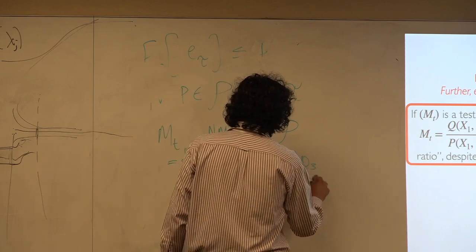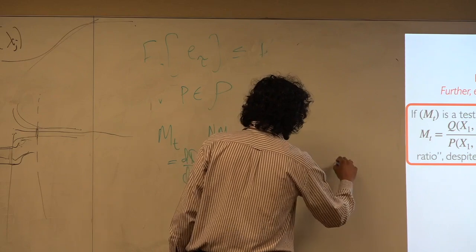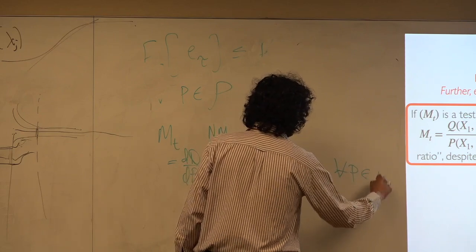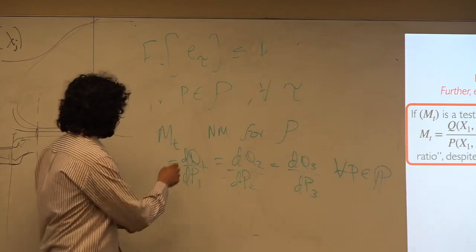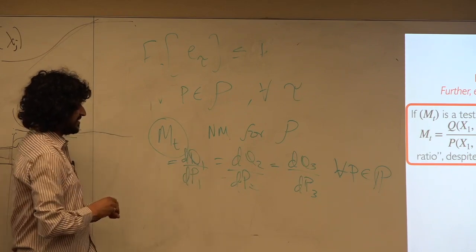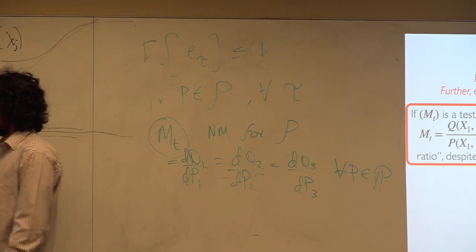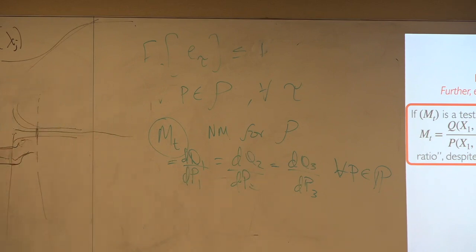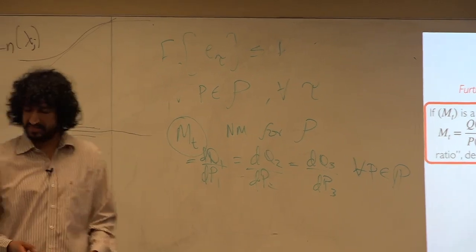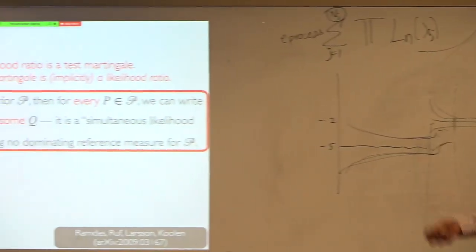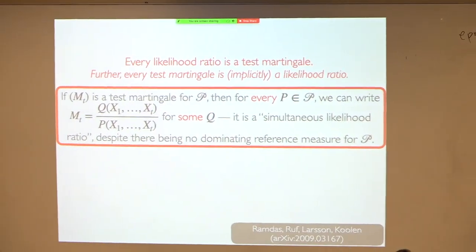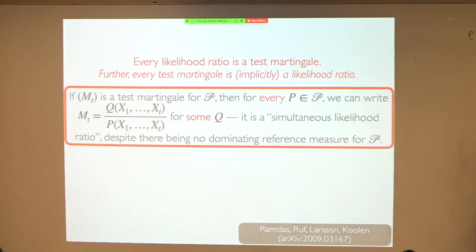So for every P in my class script P, my process M_t is simultaneously a likelihood ratio. It's a remarkable fact. So this is a very formal sense in which non-negative martingales are simultaneous likelihood ratios. It might be the case that even though I might not have a dominating reference measure for script P, this fact is actually still true.